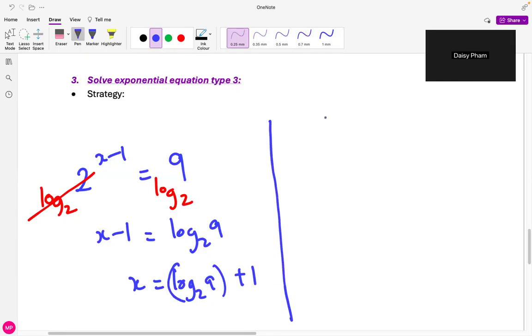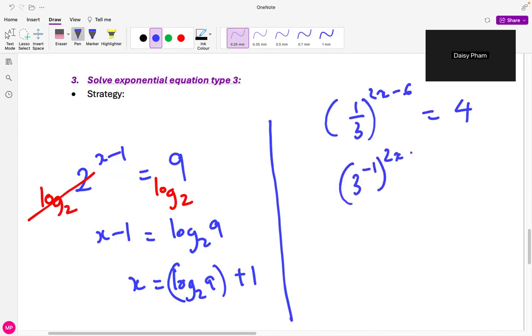All right. Same thing if I have a fraction, 1/3 to the power of 2x minus 6 equals 4 or something. Before you do anything, make 1/3 raised to the power of -1, because we like the base to be positive, to be bigger than 1, sorry. So make it like that. Then expand the amount, so raised to the power of -2x plus 6 equals 4.